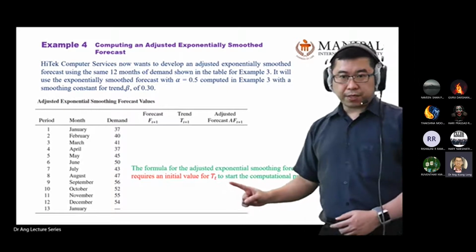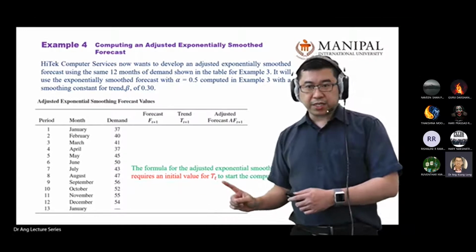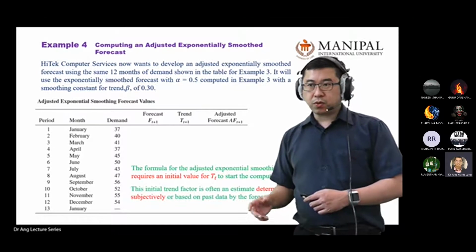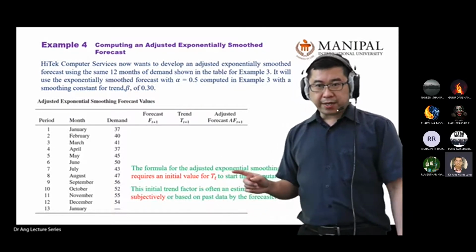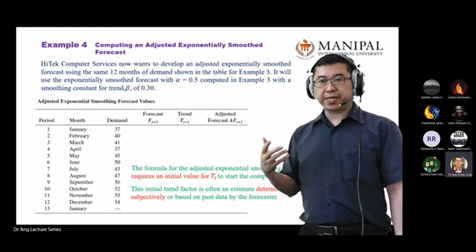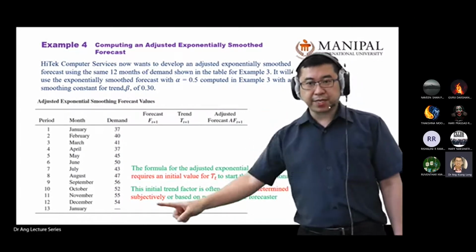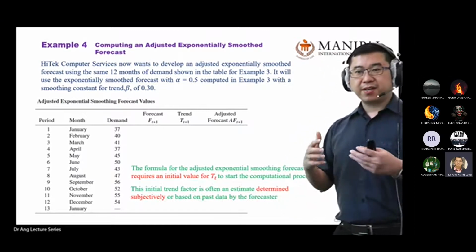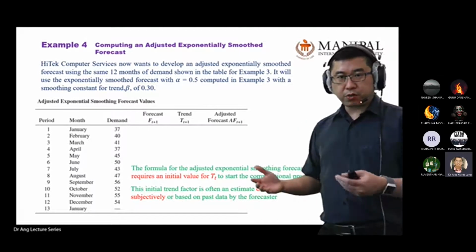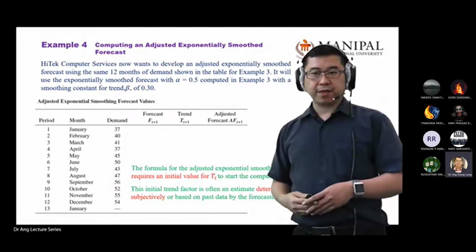The formula for adjusted exponential smoothing requires an initial value of T to start the computation. The initial trend value you use is also based on experience and trial and error. It's very subjective. There's no one perfect value for that. In this case, we will use the demand value again to kickstart the calculation.